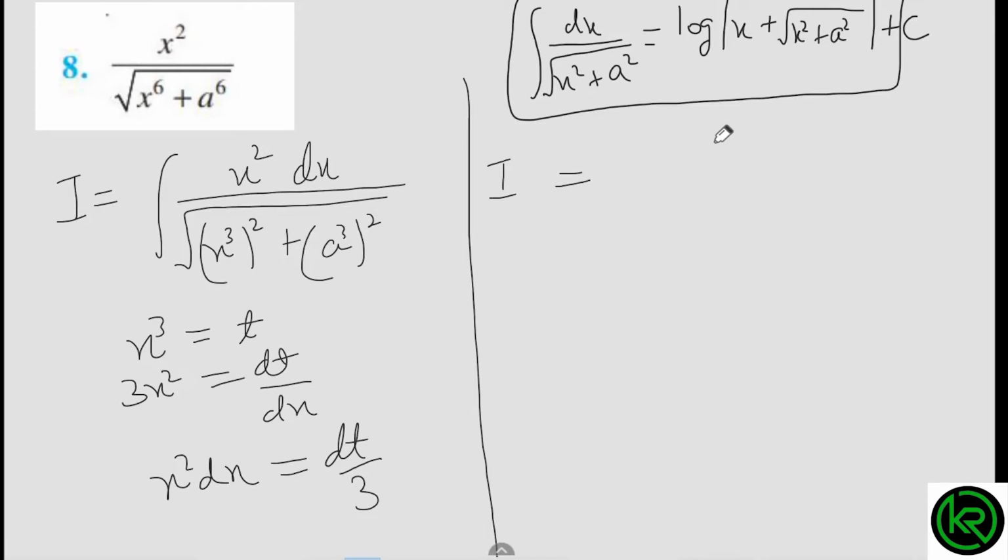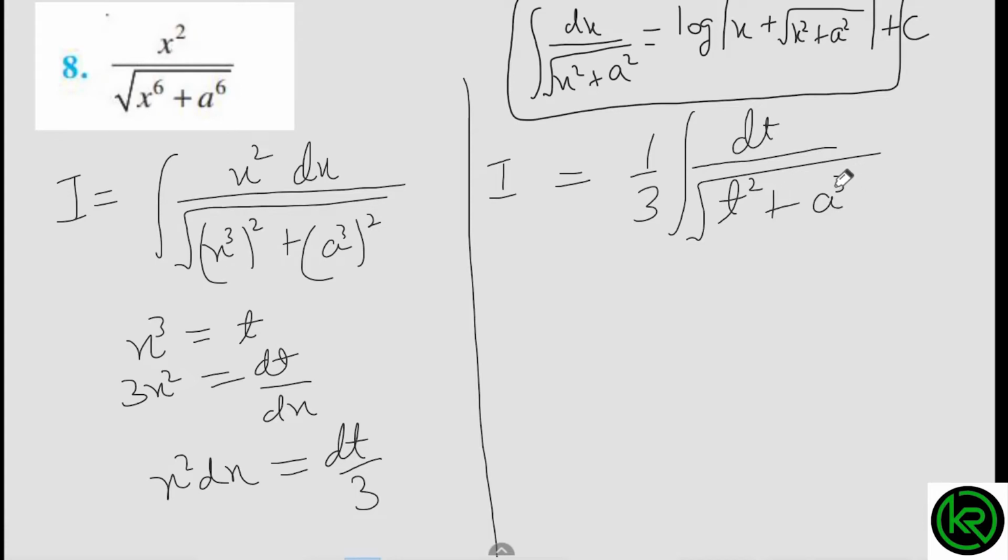So now I will become 1 by 3 dt upon t square plus a cube square.